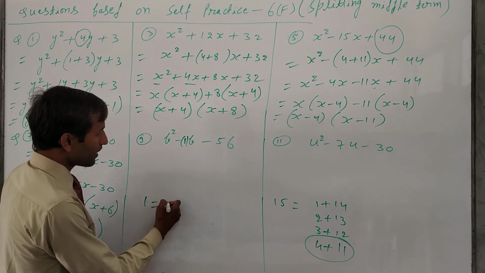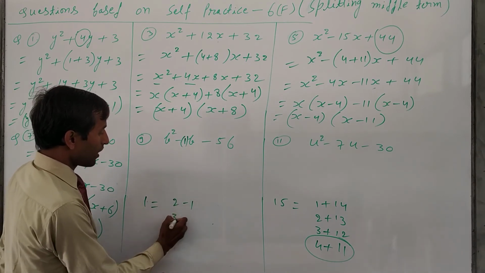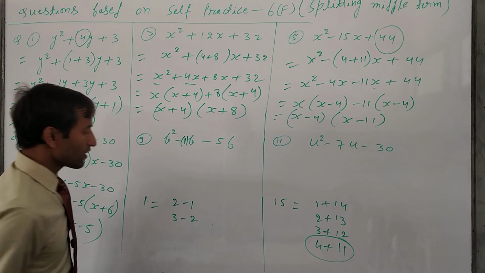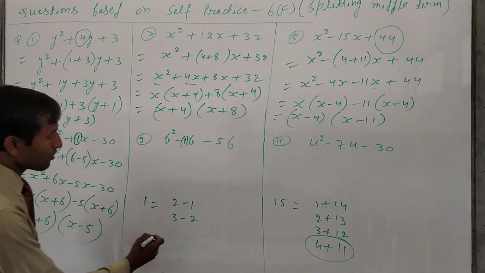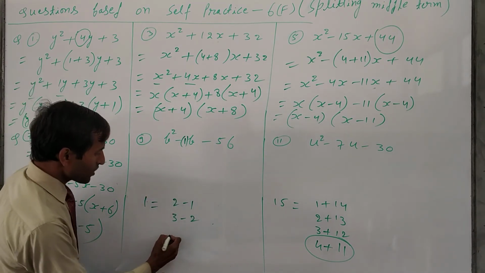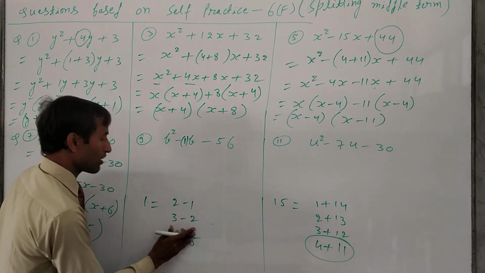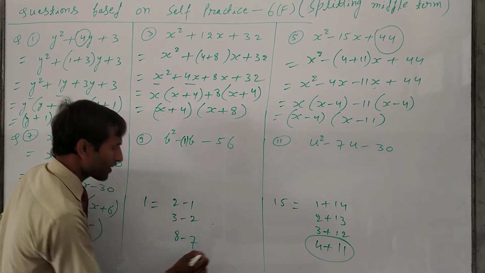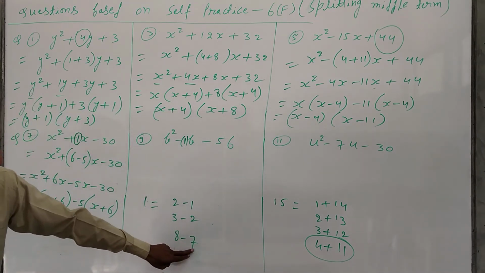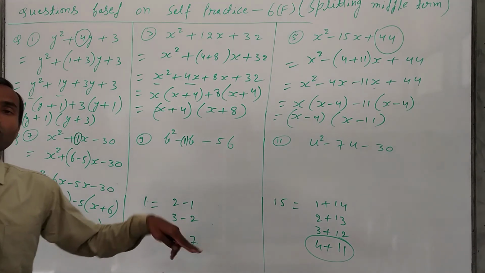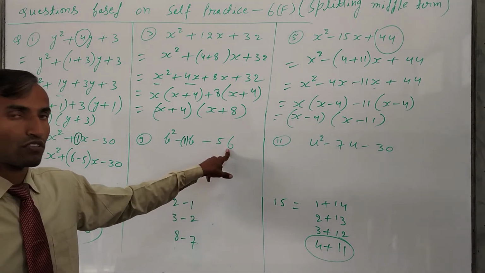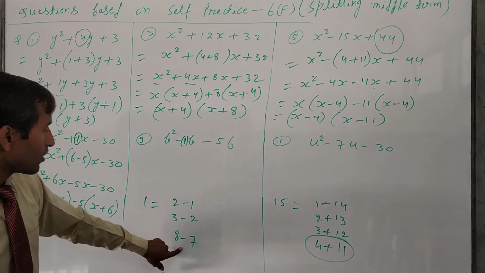So what should we write here? Either we can write 2 minus 1, 3 minus 2, like this. Like this you can change directly, it will come 8 minus 7. 8 minus 7, sure. So 8 minus 7 will be 1 and 8 into minus 7 will be minus 56. So this is correct according to our value.